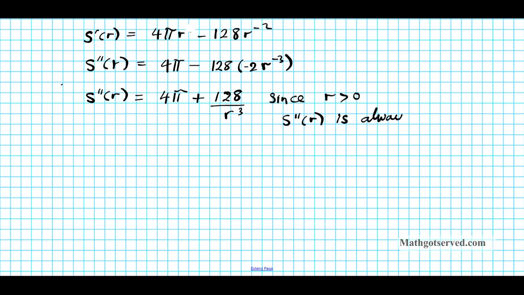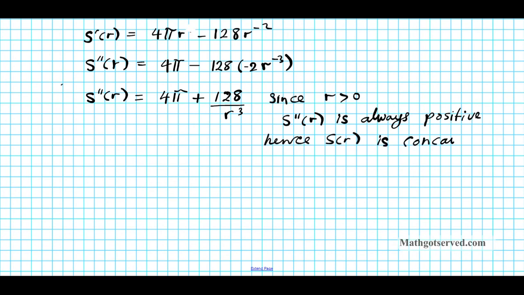Always, it's always going to be positive. We don't even actually have to check it, because this expression shows us that whatever value of r we plug in, as long as it's positive, the resulting answer will be positive. So s double prime is always positive, hence s of r is concave up.